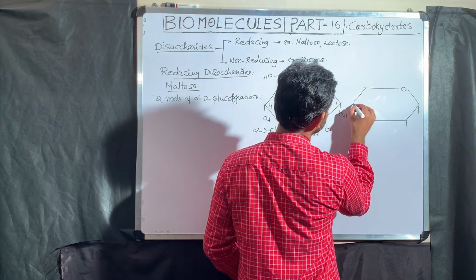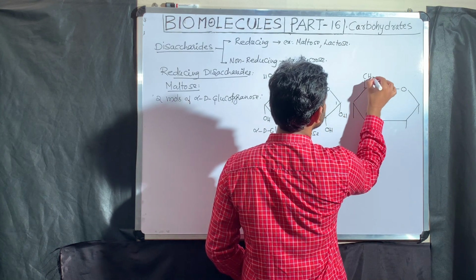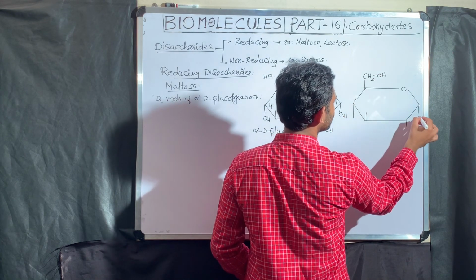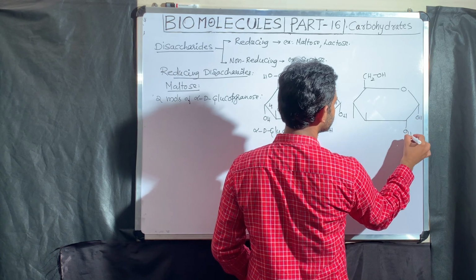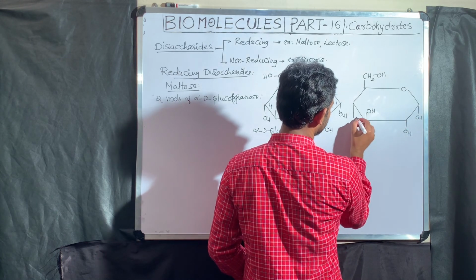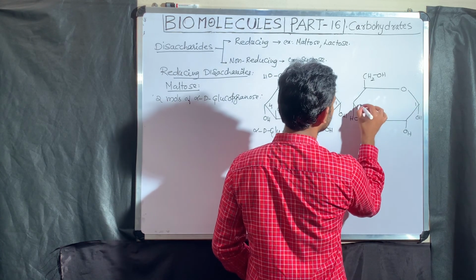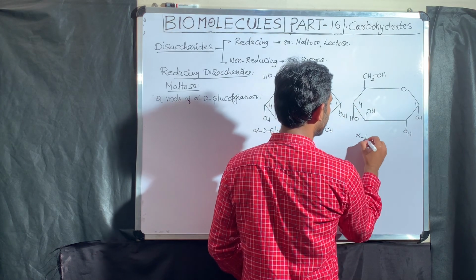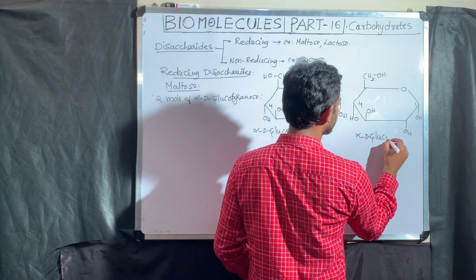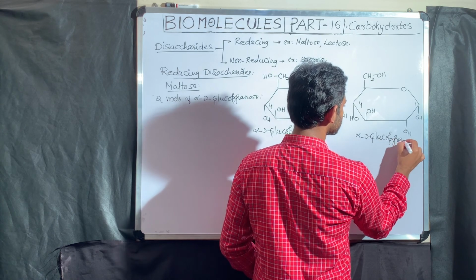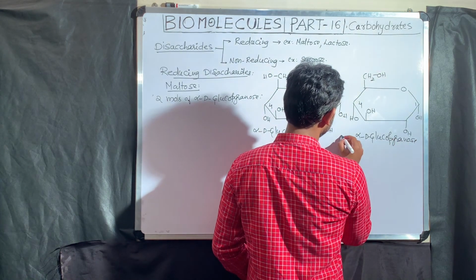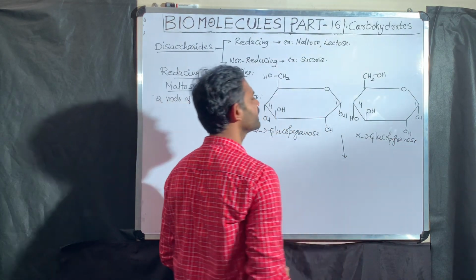CH2OH, OH, OH, so 1, 4. This is also alpha D-glucopyranose. You have to concentrate on the board. In the disaccharide formation, what is happening here?